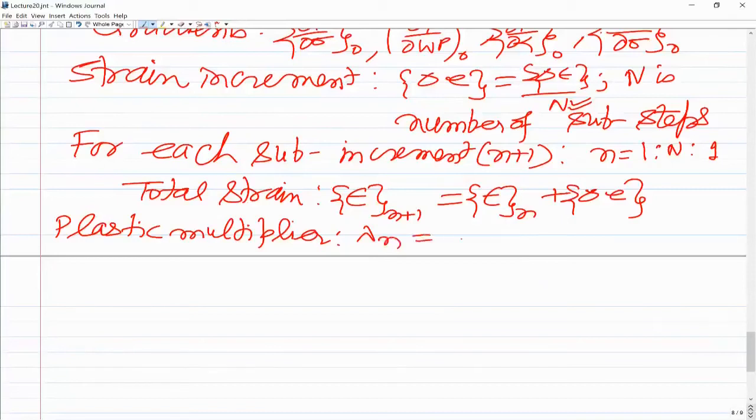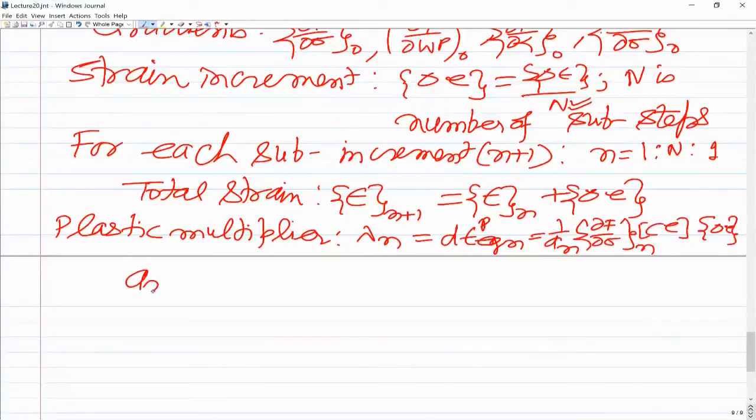I am denoting it as delta epsilon equivalent P at the nth step, which is 1 upon A_n, that same A, del f by del sigma calculated based on the previous step, into Ce, into delta E. That's the strain increment.